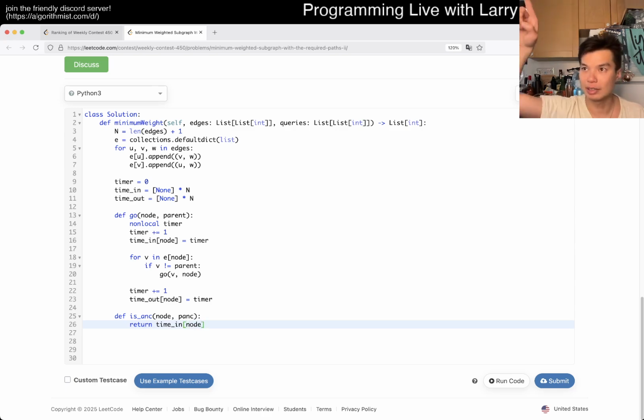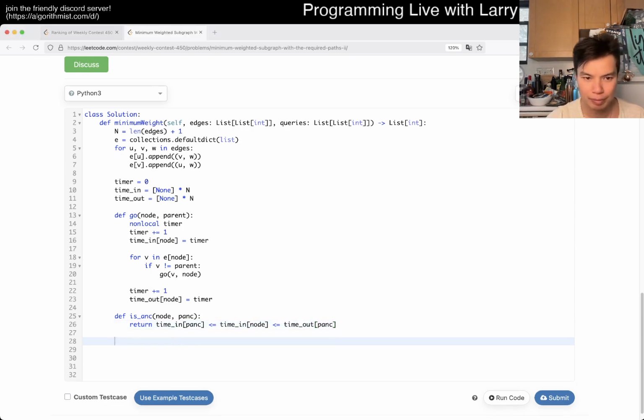So if it's the ancestor, it gets in first and out. Yeah, right. So okay, so time in. I guess it could be equal if it was the same node, which is trivial. Okay, right? Something like that.